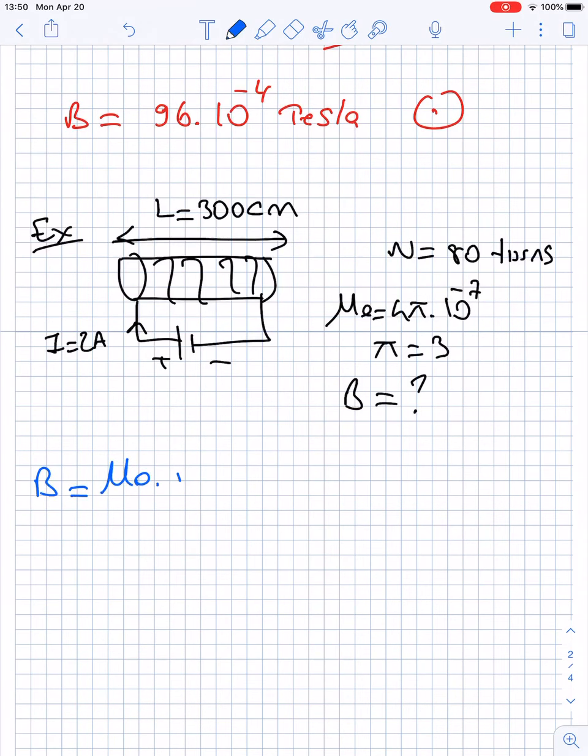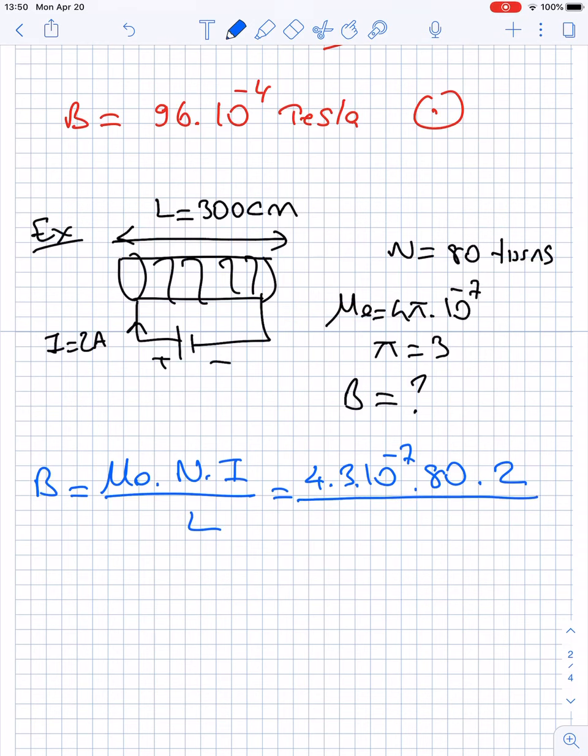Okay, B equals mu 0 N I over L. This is my formula for the magnetic field. Mu 0 is a constant, 4 times 3 times 10 to the power minus 7. N is 80. I is 2 ampere, over L, which is 300 centimeter, always 3 meters.